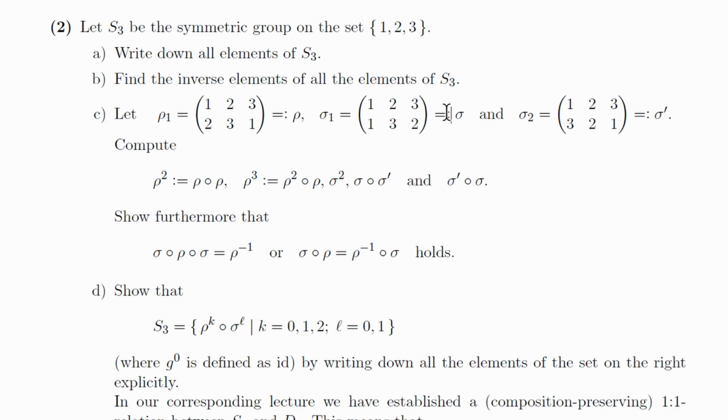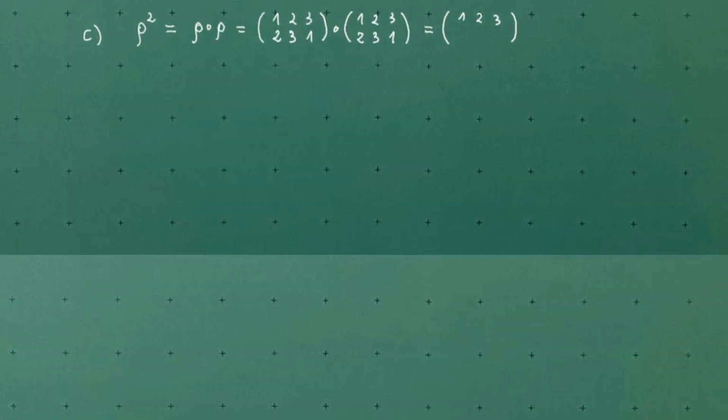That's the meaning of this double point here. And sigma 2, the reflection about symmetry axis 2, is abbreviated by sigma prime.